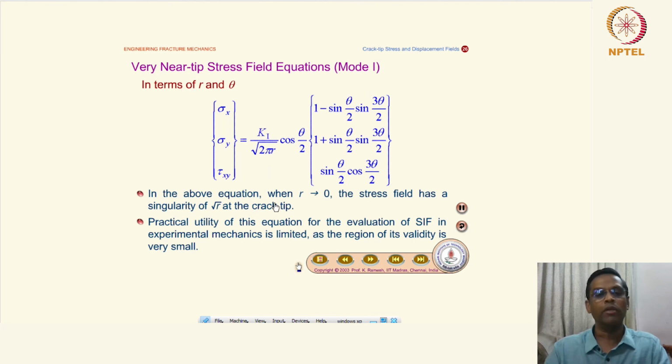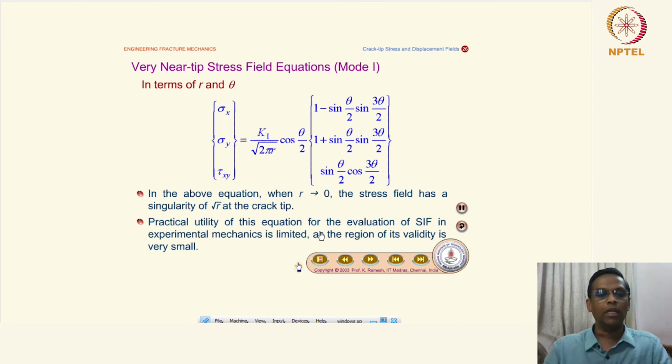So in the above equation, when r tends to 0, the stress field has a singularity of root r. Root r singularity is quite important in fracture mechanics. That means at one single point, where r tends to 0, this value becomes infinity. That is why it is called root r singularity.